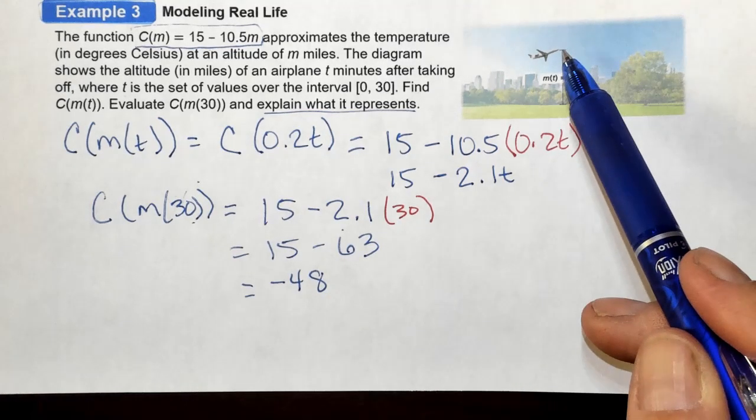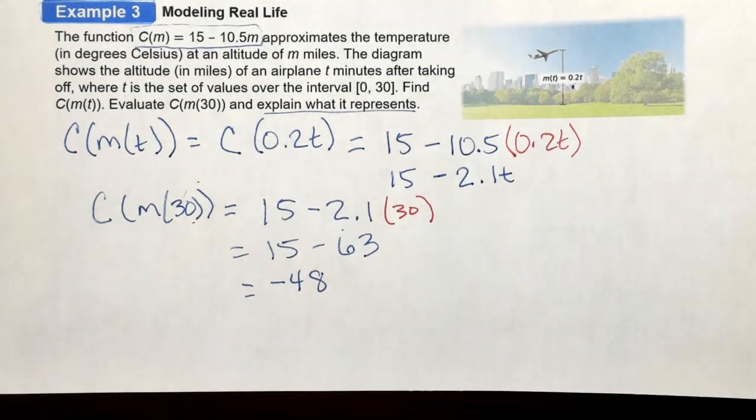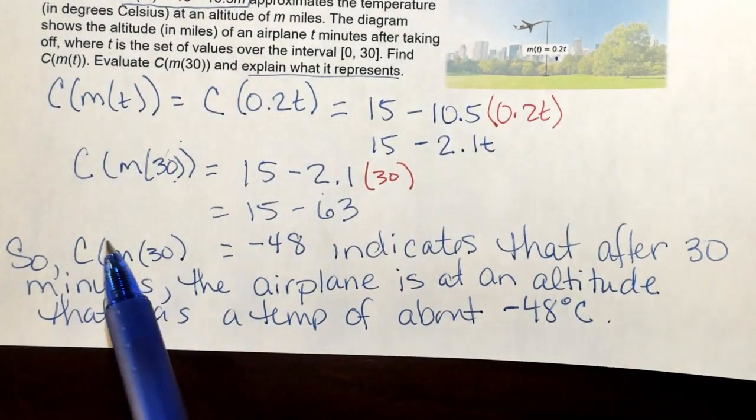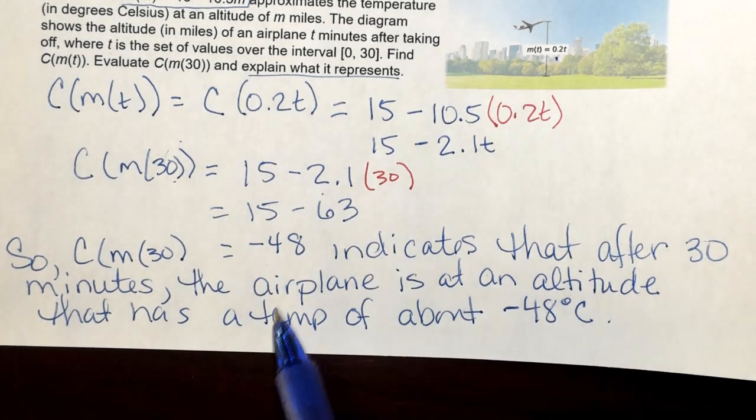I will write that down, but I'll pause it to write it, not make you watch me write it. All right, so does that all fit? Yes. So c of m of 30 equals negative 48 indicates that after 30 minutes, the airplane is at an altitude that has a temp of about negative 48 degrees Celsius.